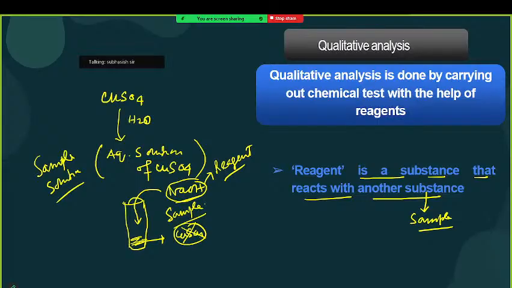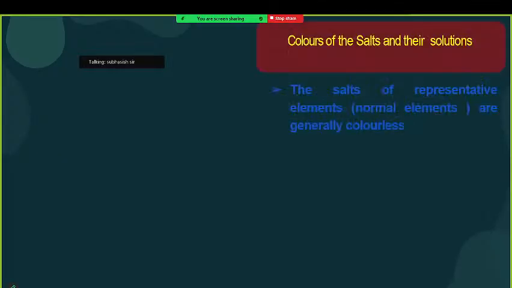Now we want to discuss initial observation. What do we mean by initial observation? Let me clear one thing: you are given some salt in a test tube, or in a sample tube.